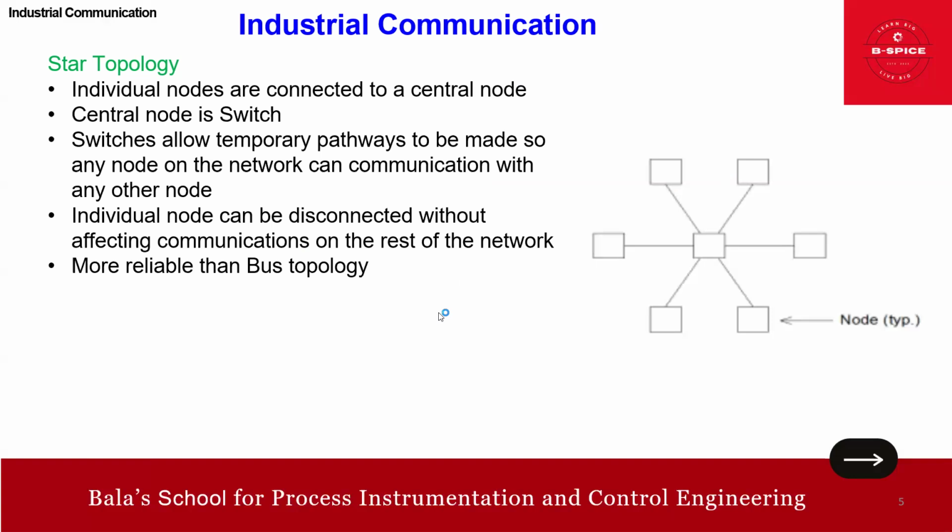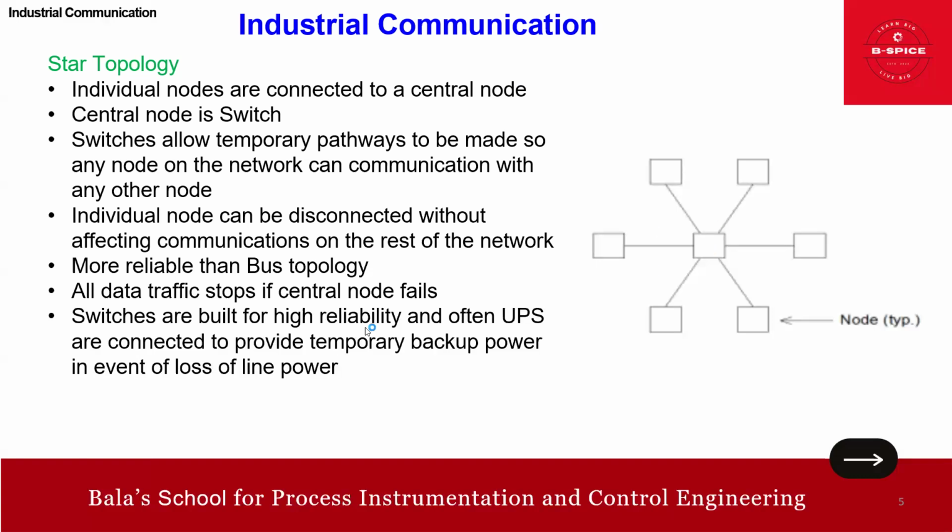So this is more reliable than bus topology. Here, all traffic stops if the central node fails. That is the drawback. If this fails, then everything goes. The switches here are built in. But though we say it's a drawback, the switches are built for high reliability, and often UPS, uninterruptible power supplies, are connected to provide temporary backup in the event of loss of line power.